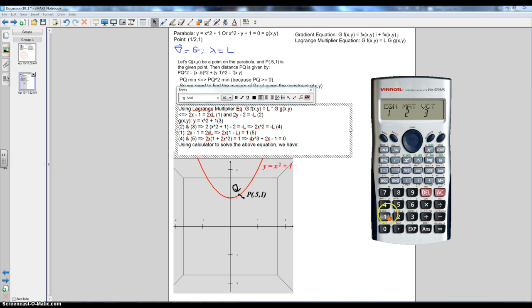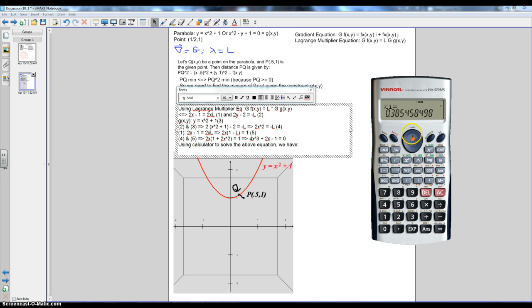Let's go to equation. It is a third-degree equation. A is 4, B is 0, C is going to be 2, and D is going to be minus 1.